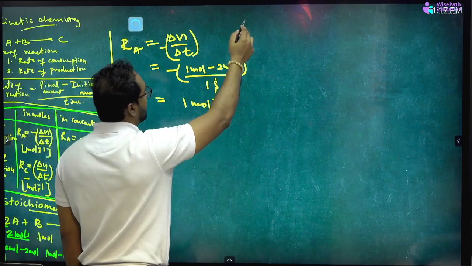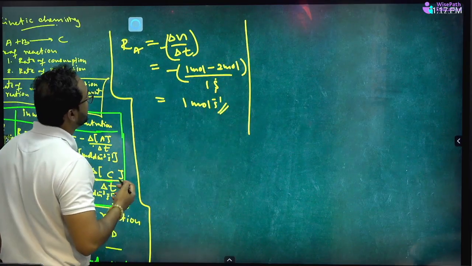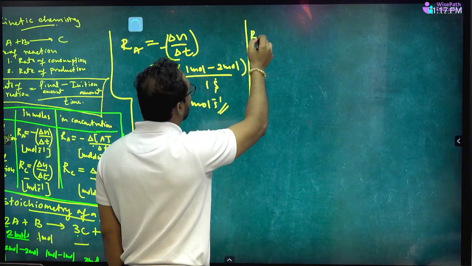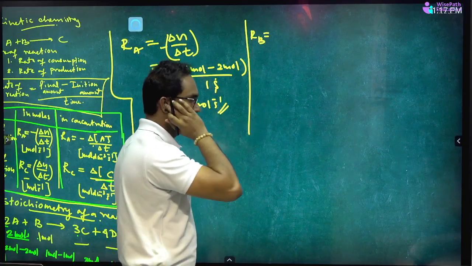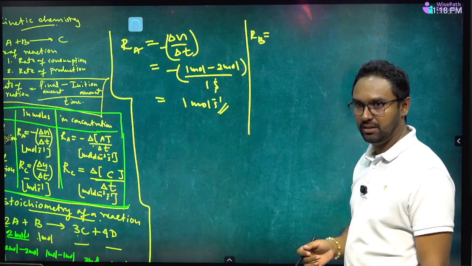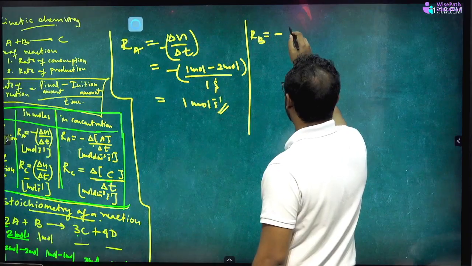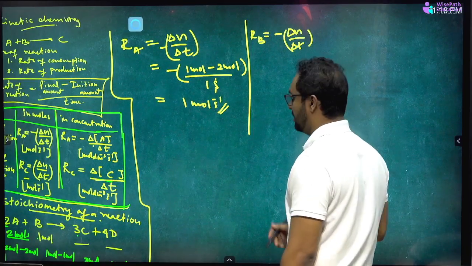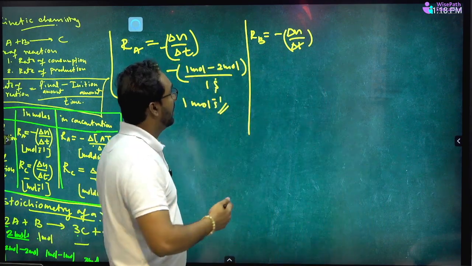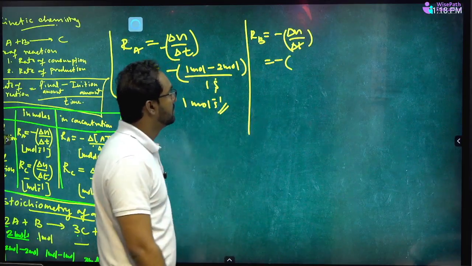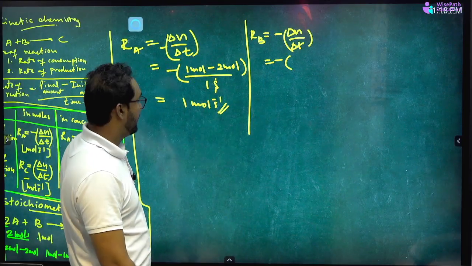Let's take RB now. If it is RB, that is also a reactant, right? So minus delta n over delta t, right? And what is delta n now?